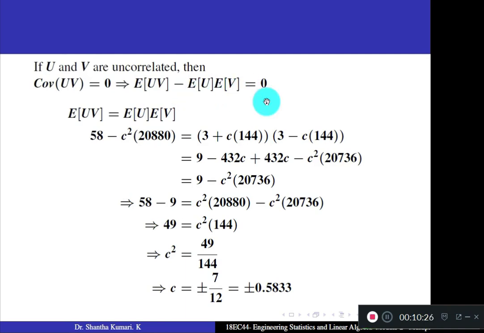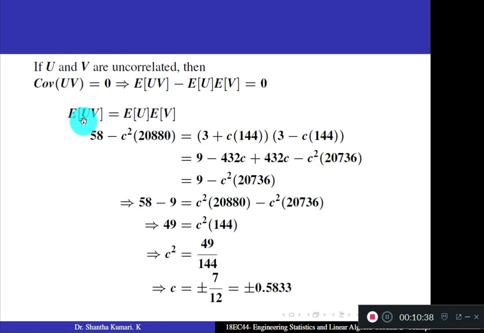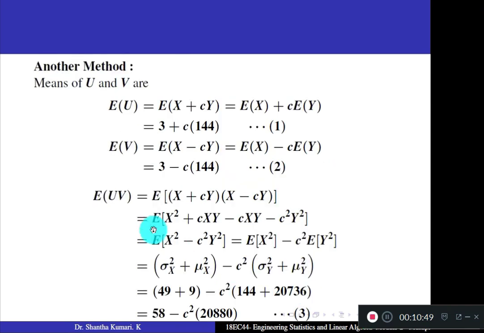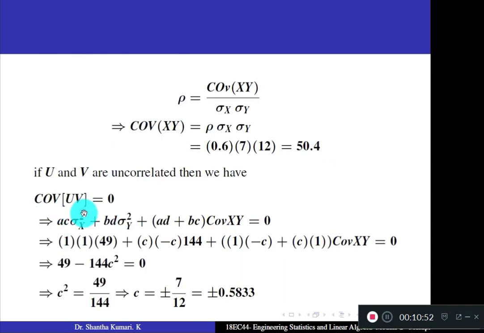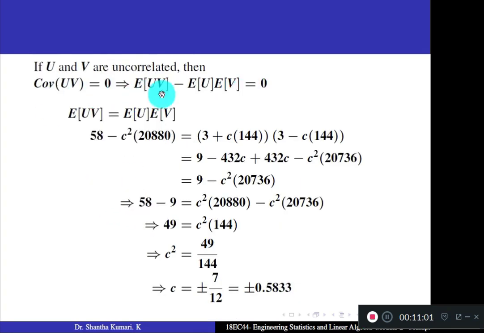Now substitute all the answers which you obtained here: expectation of U, expectation of V, and expectation of U into V. Expand both sides and you will get the same answer. So you can use any method. Either find the covariance first and then substitute directly in the formula for covariance of UV, or without finding covariance, directly use the definition of covariance of UV. Use any method. In both cases, you get the same answer. It's left to you.